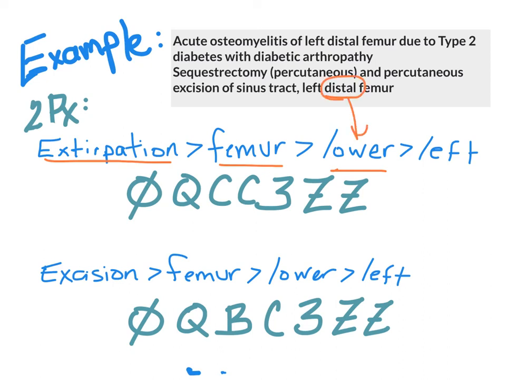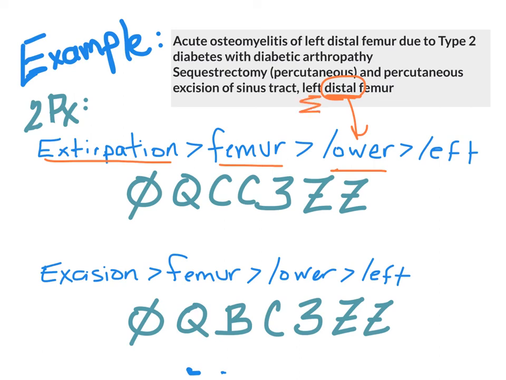Remember we had those terms distal and proximal. Proximal meaning closer, and distal meaning further away from the core of the body. So now we know it's the lower part or the distal part of the femur because it's documented right here. And we have this left side documented.